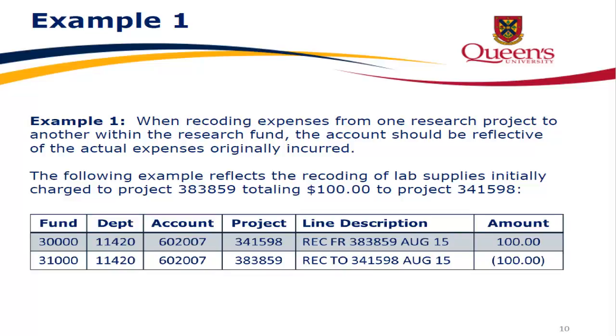Therefore, in this scenario, account 602007, Technical Lab Supplies, is being used on both sides of this journal entry. The project being charged or expensed is represented by the debit amount, and the project receiving the reimbursement for this expense is represented by the credit amount.